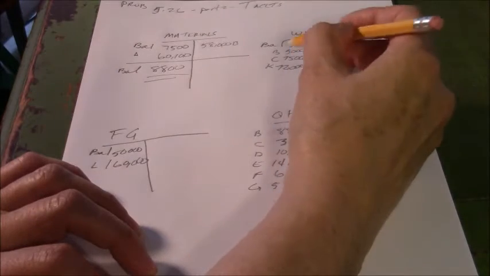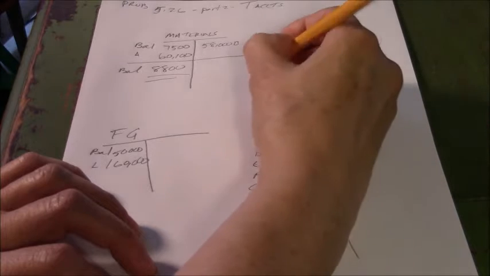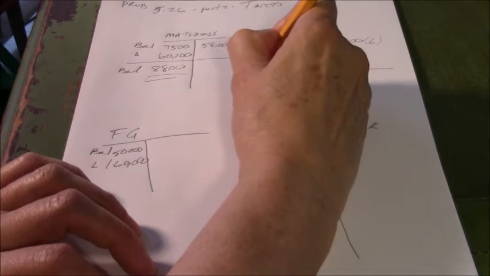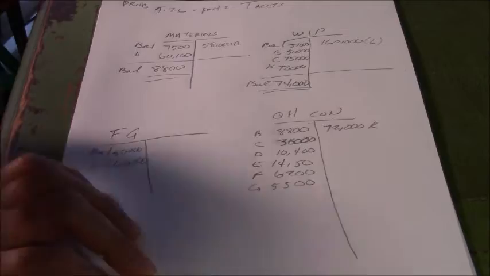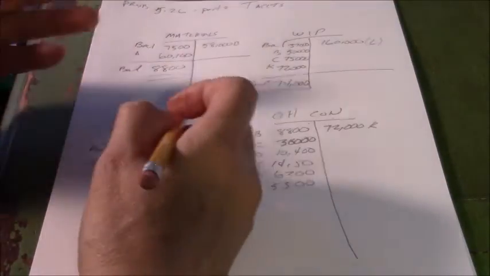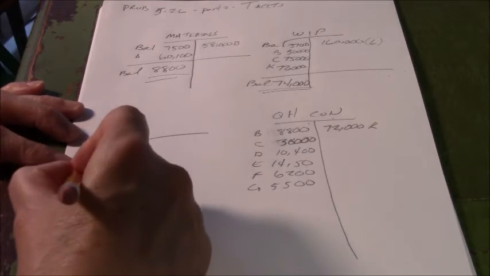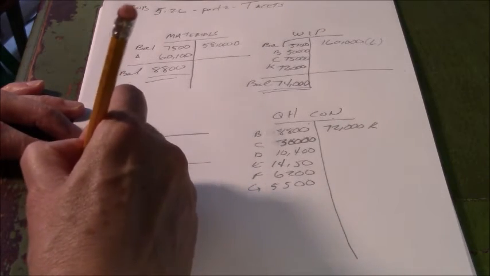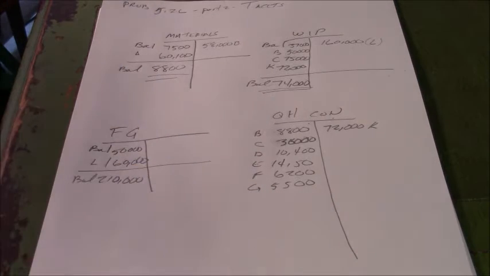Work in process: we add all these up, we subtract this one, and that ends up being a $74,000 balance right there. All right, finished goods, no credits, so that's sitting in our inventory waiting to be sold. 50,000 plus 160,000, we have $210,000 of finished goods. Once they're sold, they'll become cost of goods sold.